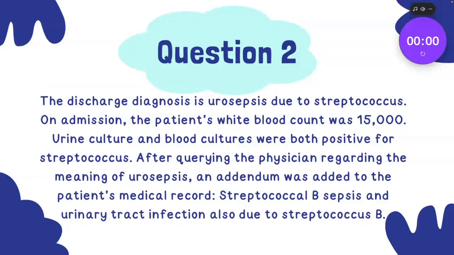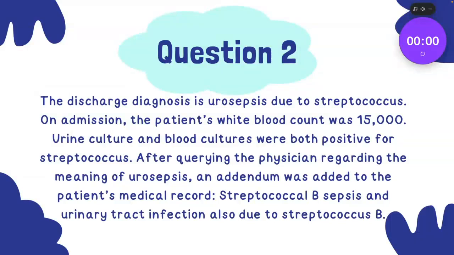But the other thing that should be evident in this case, and again, give yourself some grace because you don't know what you don't know until you don't know it. The fact that the patient's white blood cell count was 15,000 is also a clue that the patient's body is fighting, because a normal white blood cell count is, I think, 4,000 to 11,000.